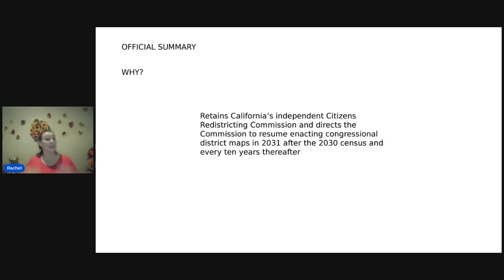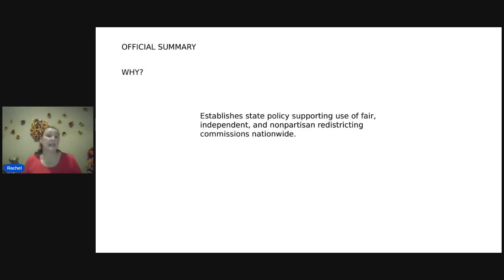So basically, the commission will stay, but they won't get back to work until 2031. It establishes state policy supporting use of fair, independent, and nonpartisan redistricting commissions nationwide. So again, this is what they want to take to the Congress of the United States to get everybody to do that. Again, the irony.